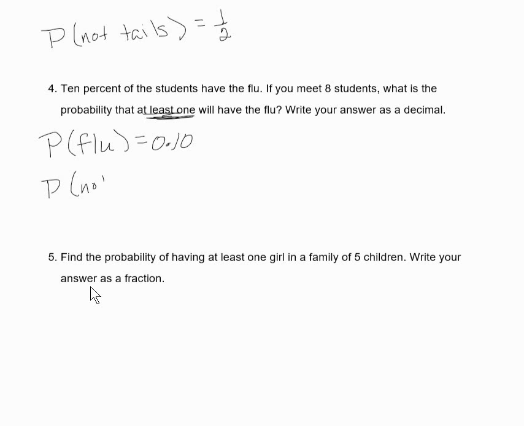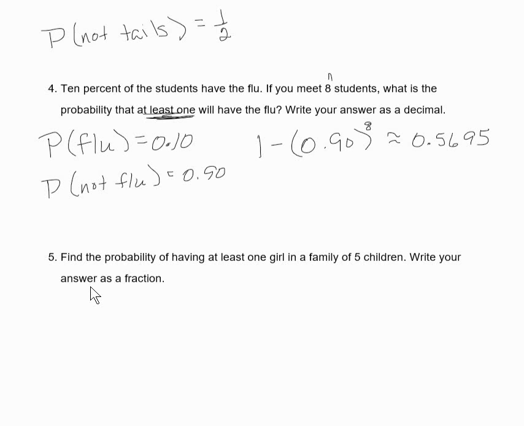The probability that they do not have the flu is 0.90, because remember these have to add up to be one whole. So I have 1 minus 0.90 to some power. Well, I've got 8 students that I'm meeting up with here, so I've got 8 as my n. And when I put this into the calculator, 0.5695.